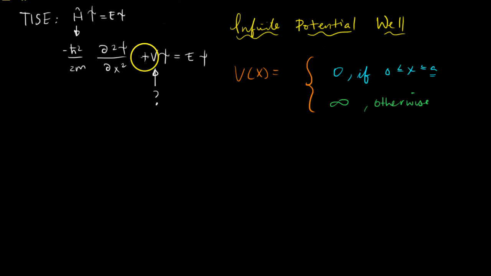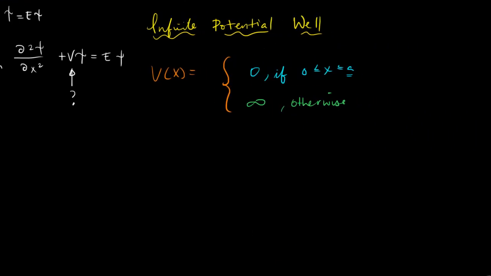So this is weird, isn't it? Let's just graph this and see what it actually means. So we have our x over here and our y over here. We have 0 if x is greater than or equal to 0 and less than or equal to a. So let's pick a point a right here.